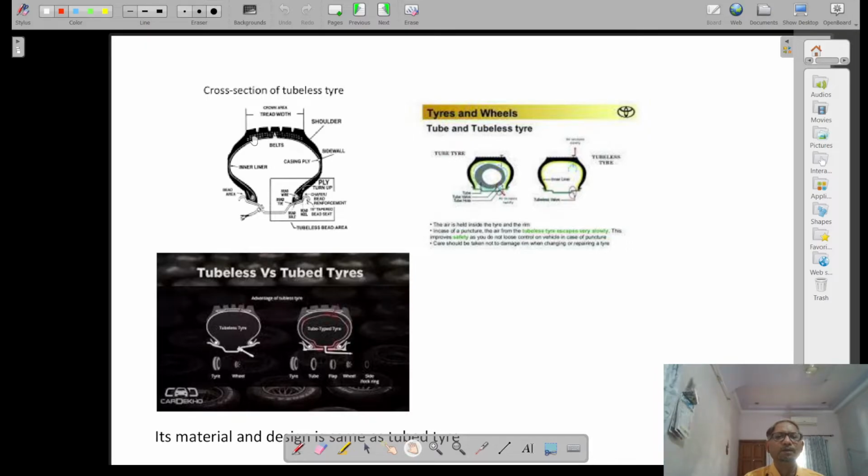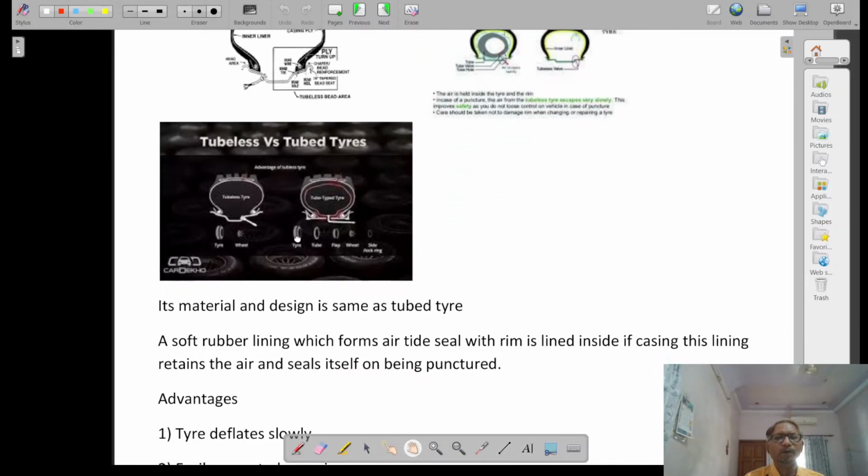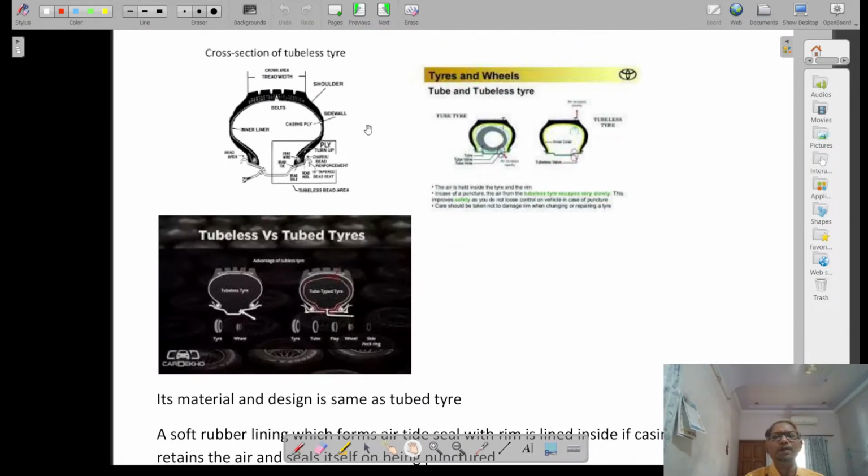Here you can see the casing, and in the casing we have the plies. The difference between the tubeless tire and the conventional tire is that the conventional tire has an inner tube, and in the tubeless tire the inside of the casing is lined with soft rubber.